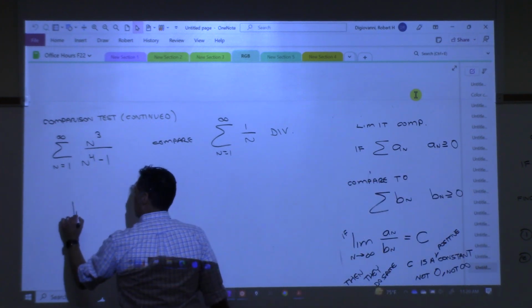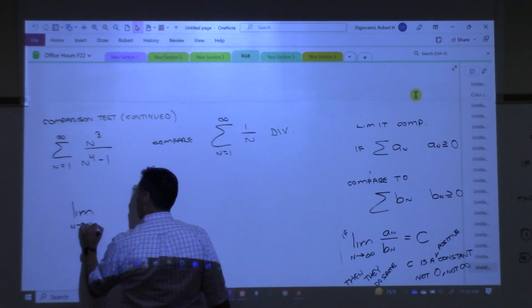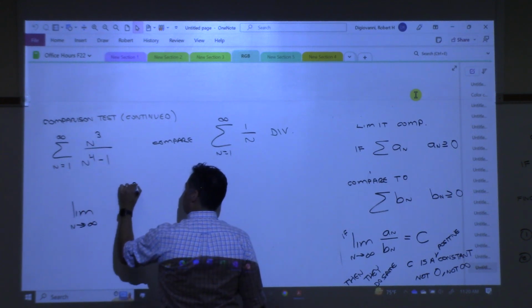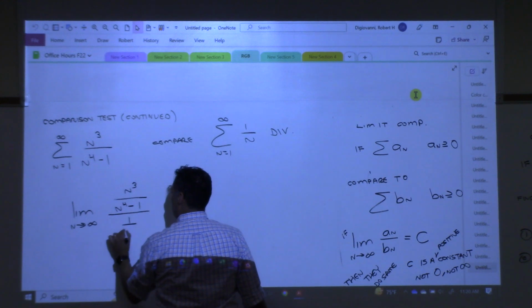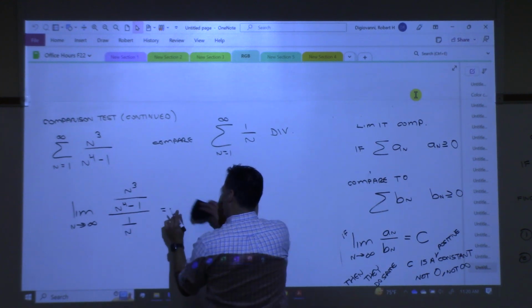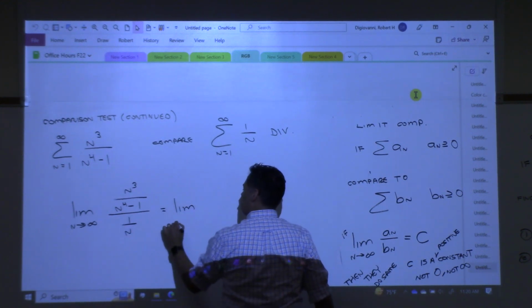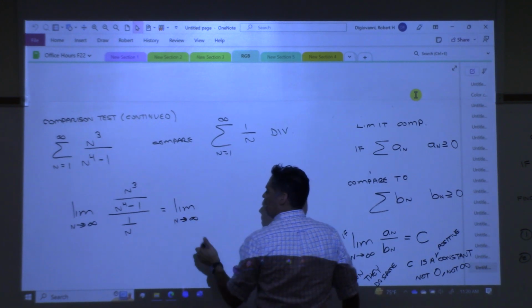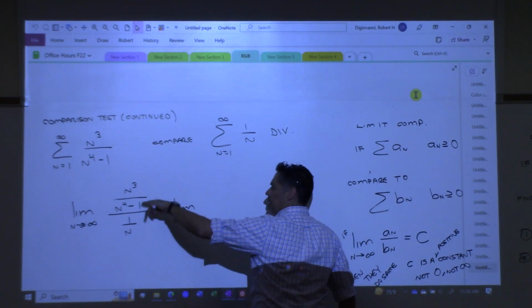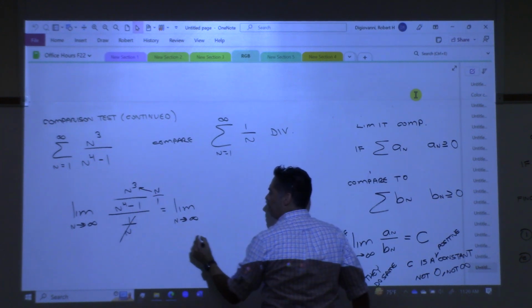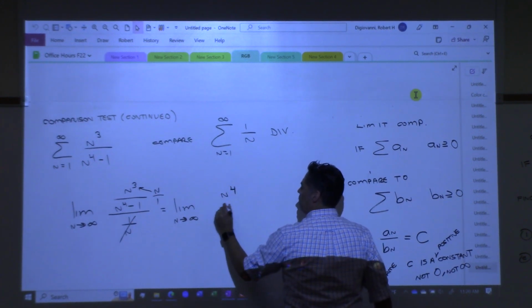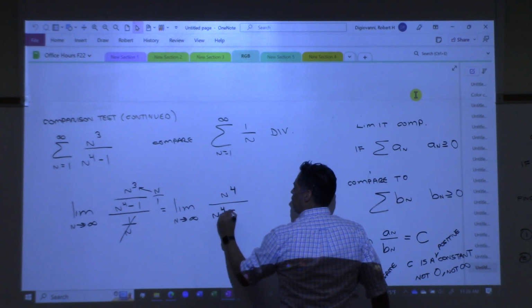I'm going to take the limit as n goes to infinity of that sequence, n cubed over n to the 4th minus 1, over 1 over n. Okay, flip it. When I flip this, 1 over n becomes n over 1, and then that n jumps up there, becomes n to the 4th over n to the 4th minus 1.